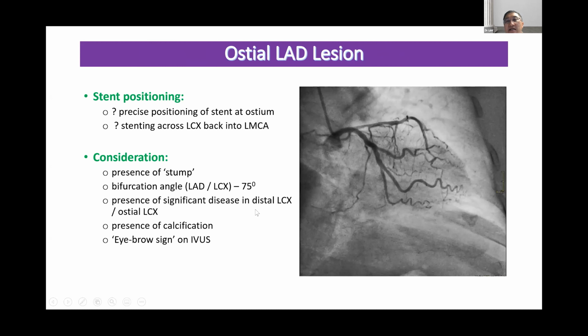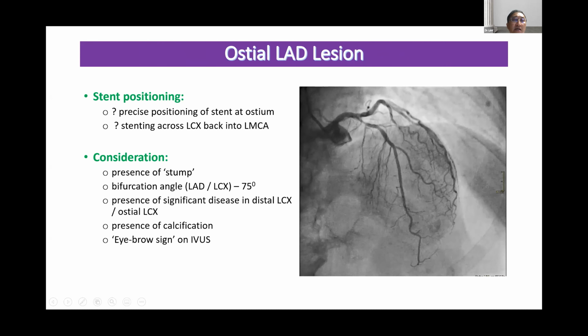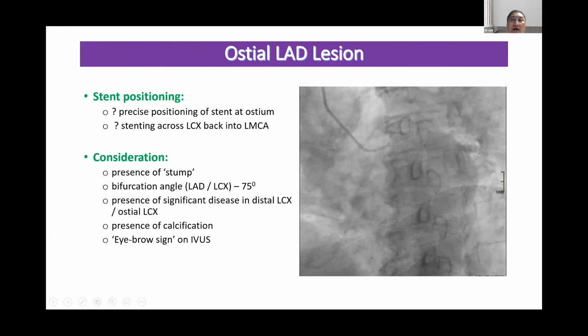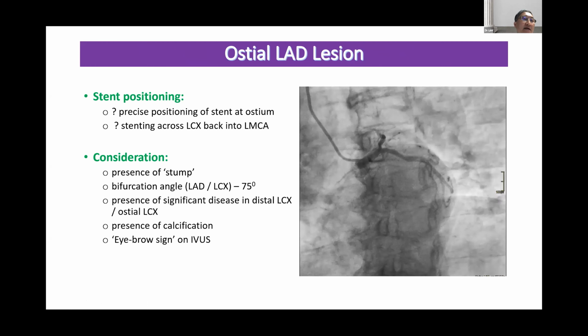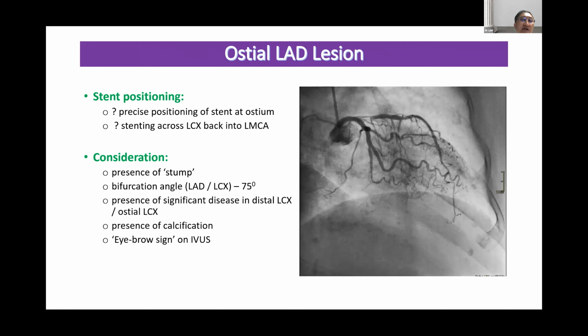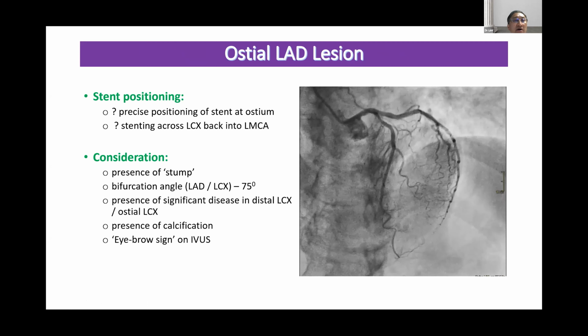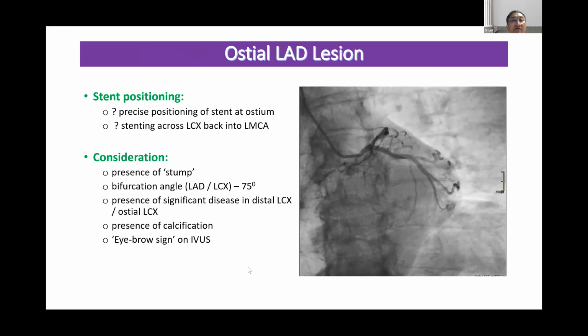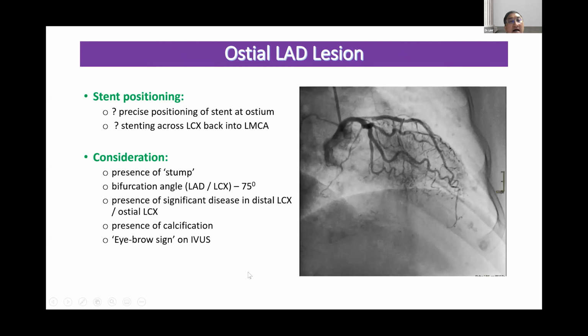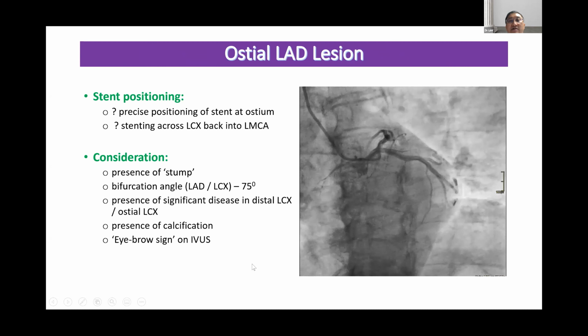The wider it is, the more favorable it is to try precise ostial positioning of the stent, and then whether there is presence of significant disease in distal circ or ostial circ, and the presence of calcification and the eyebrow sign on the IVUS.